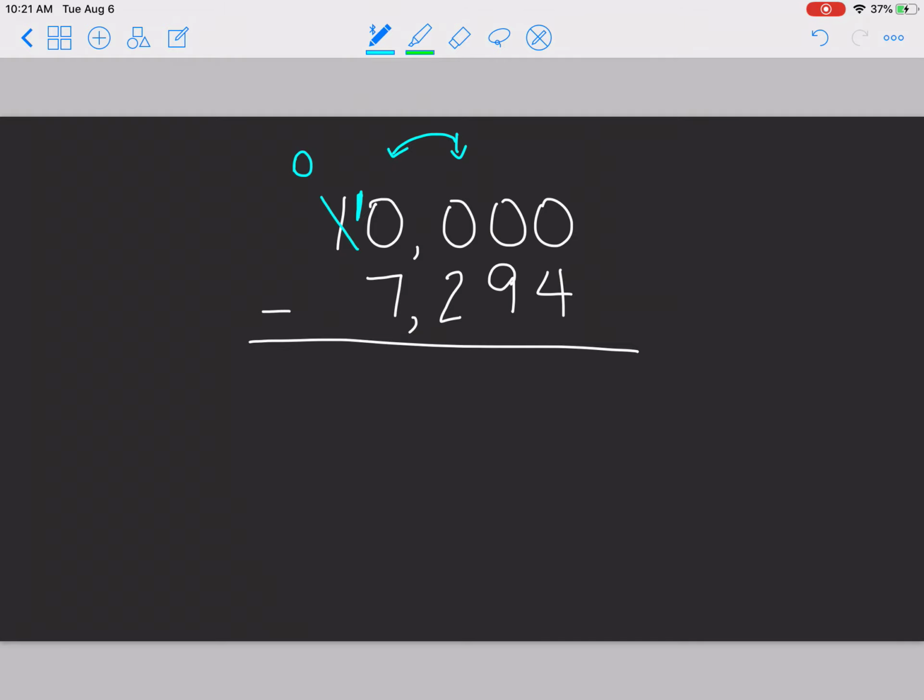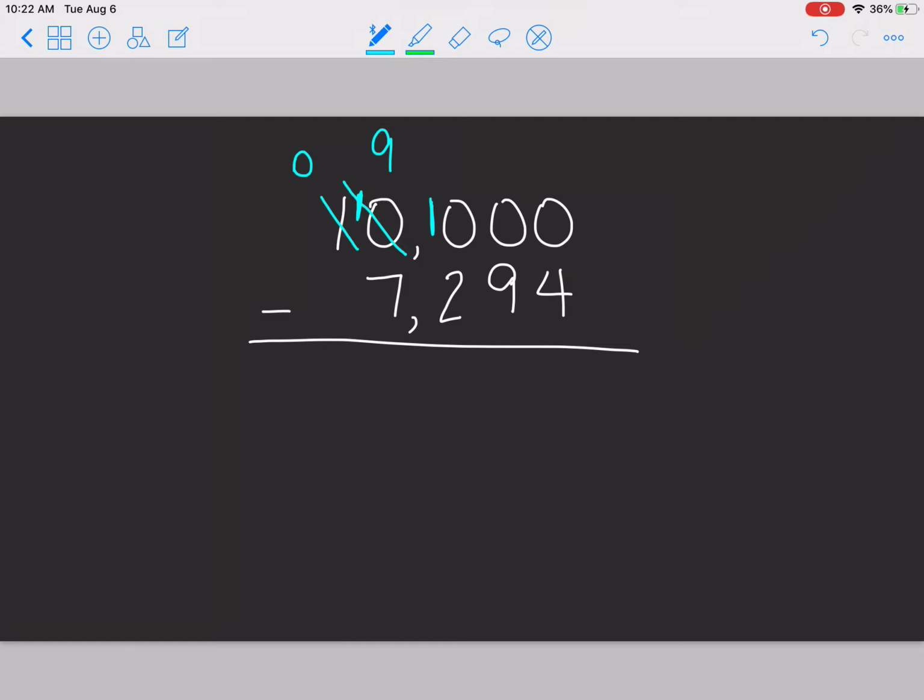Can I take some of that 10,000 and give it to the hundreds place? Yes, I've got 1,000 now that I can give to the hundreds place. So I'm going to take one group of 1,000, so that becomes a 9, which is really 9,000 because of its place value. And I'm going to give that 1 over here to the hundreds place.